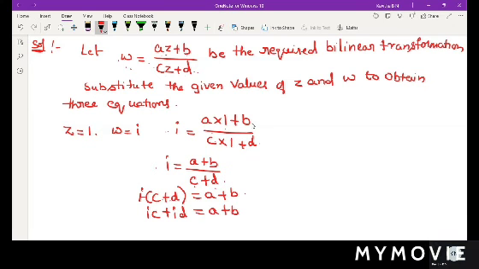Then a plus b, ic shifted to the RHS side, minus ic, then id also minus id is equal to 0. Call it equation number 1.